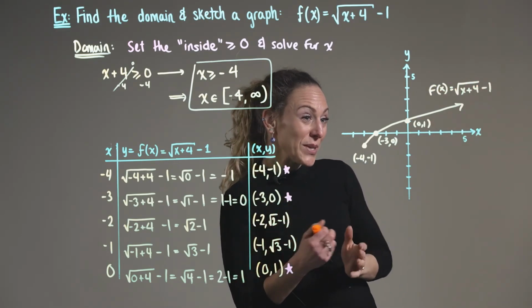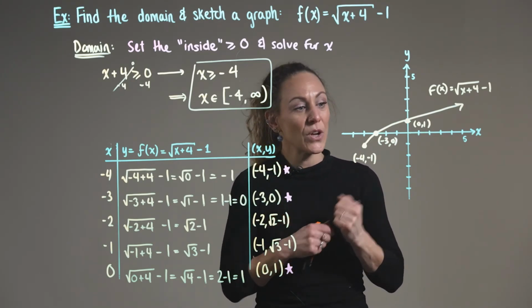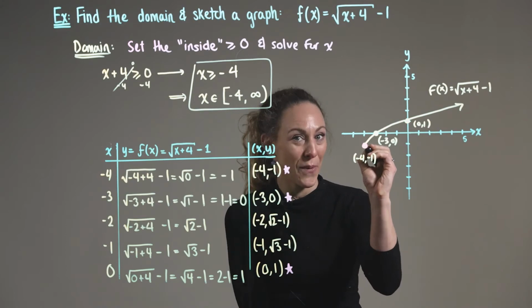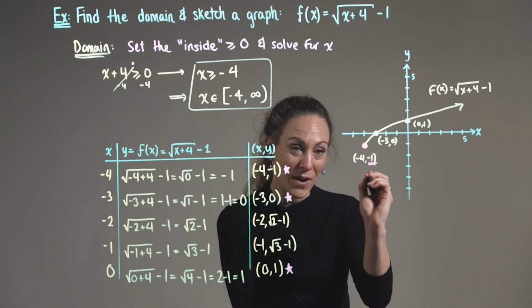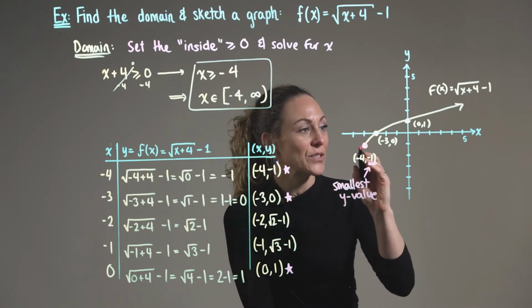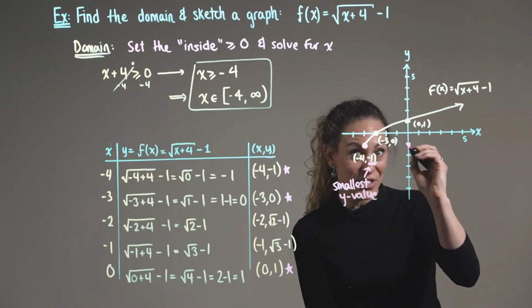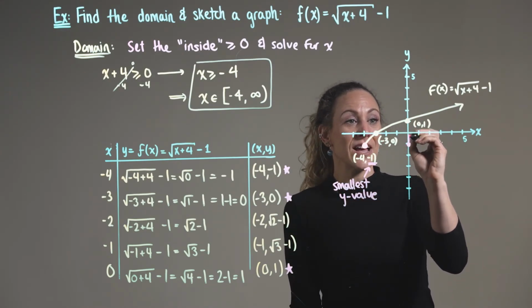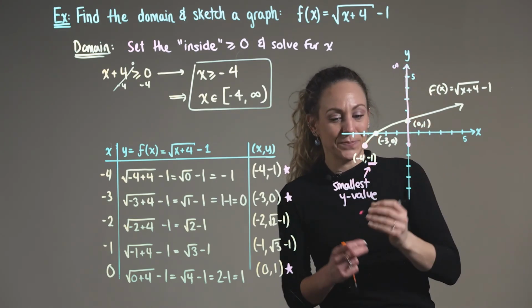Now again, notice here from the graph, we can see the range. We're observing our very first point on the graph here, negative 4, negative 1. Negative 1 is the smallest y value. So thinking about this on our corresponding y-axis, we start here at negative 1, and y can be any real number greater than that value.